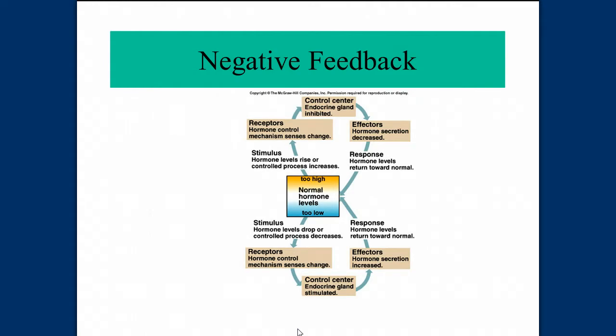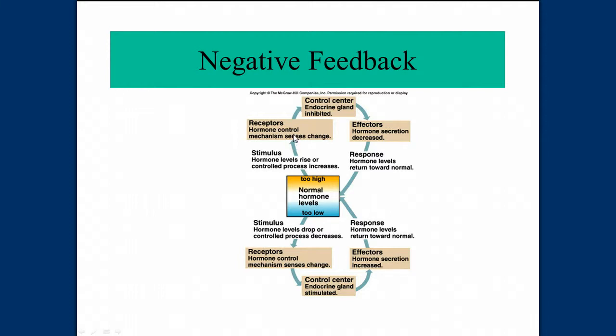As you will recall, we looked at the figure 8 negative feedback before. Let's look at the figure 8 with hormone levels. Hormone levels become too high. There are receptors that sense the amount of the chemical in the bloodstream or in the target cells, the responses for that hormone.